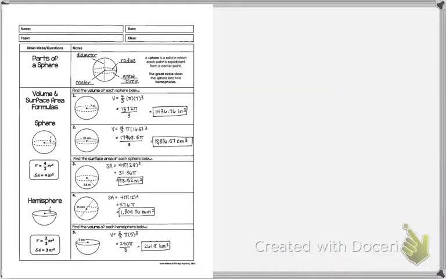Okay, let's go to number 2, simply because you're given a diameter rather than the straight out radius. This first section, it's asking for volume. So if it's asking for volume, we're looking at this equation, 4/3 pi r cubed.